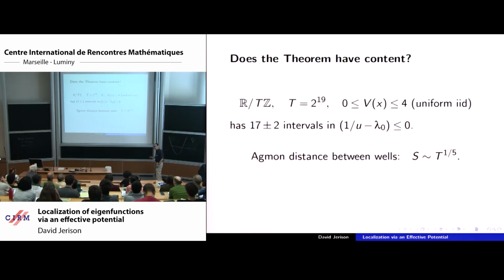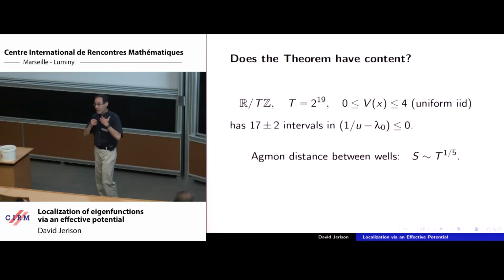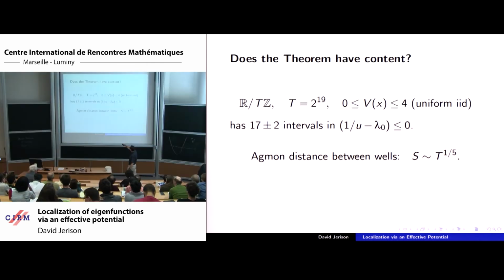So here's a numerical example that shows you that when you produce u's at random, the theorem applies to them. Here we have just the real line with a very, very long interval, which is 2 to the 19th long, with v chosen uniformly at random in the interval 0, 4 on unit intervals.